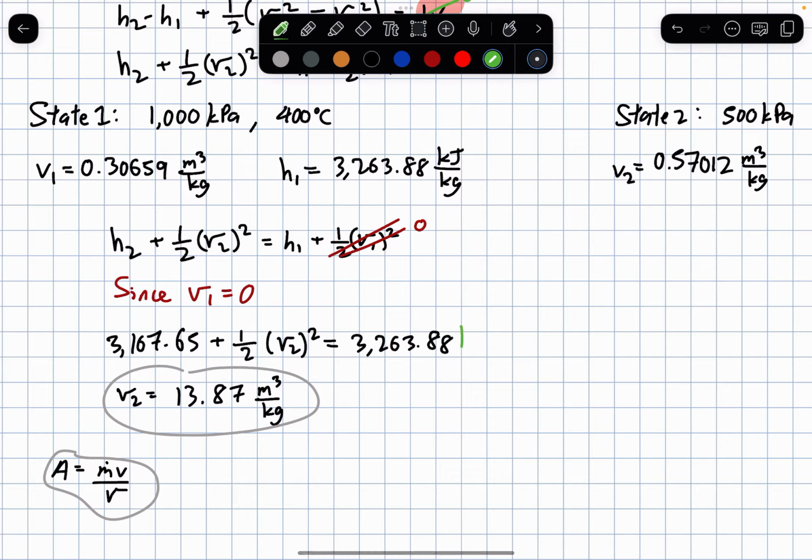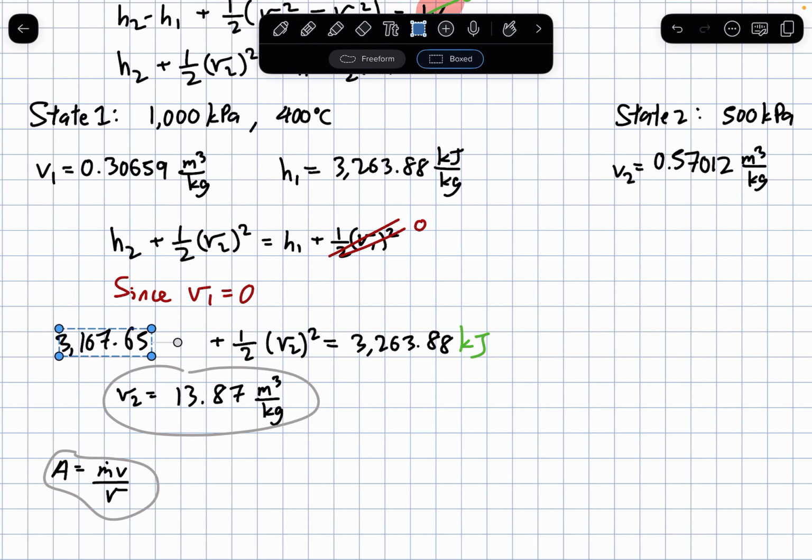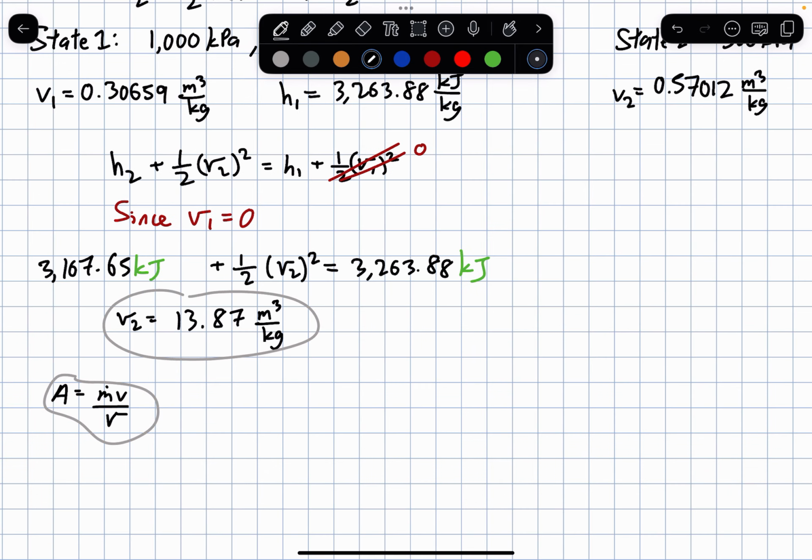So this is in kilojoule. This is also in kilojoule. In dimensional analysis, I also got the unit wrong. This is supposed to be meters per second. If velocity has units of meter per second, h should have units of joule per kilogram, not kilojoule.